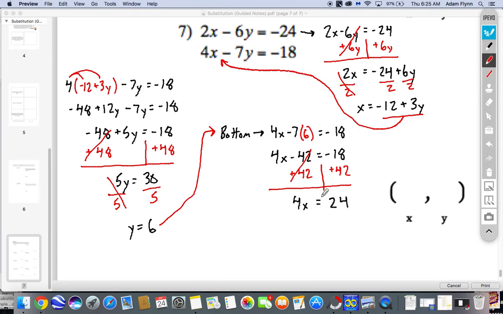I can divide both sides by 4. When I do that, the 4's are going to cancel, so I end up with x equals 6. So the solution to this system of equations, where they cross, is going to be the point 6, 6.